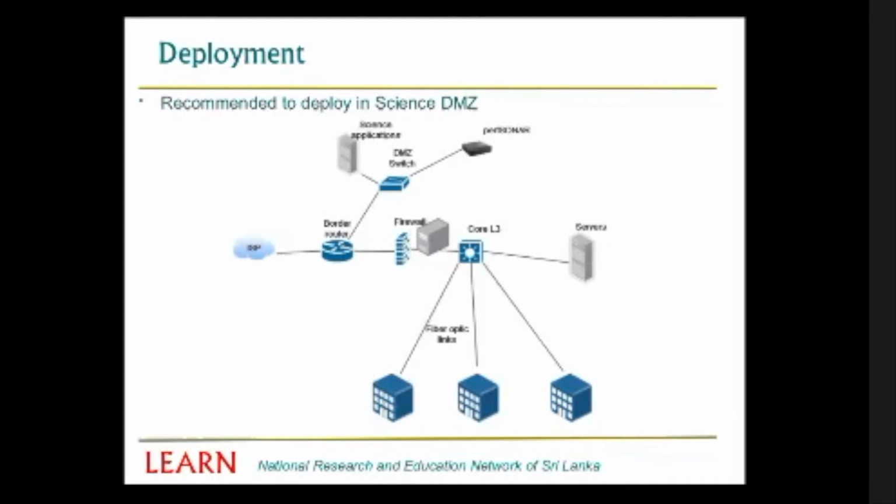Normally, a Science DMZ in your network means a network connected to your border router, not behind the firewall. So there's no firewall, and normally no filtering between the Science DMZ and the outside network.